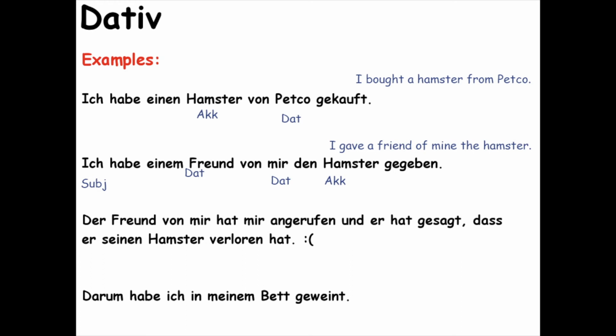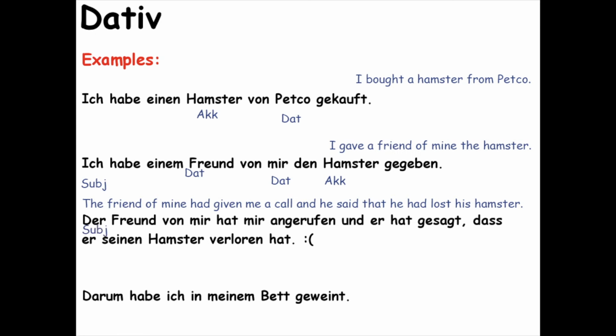Der Freund von mir hat mir angerufen und hat gesagt, dass seinen Hamster verloren hat. And that's kind of sad, because it translates to, the friend of mine had given me a call and he said that he had lost his hamster. Okay, so let's break it down. Der Freund is a subject. Von mir, we know, is dative because of von. And then he called me, hat angerufen, that's the call, mir.